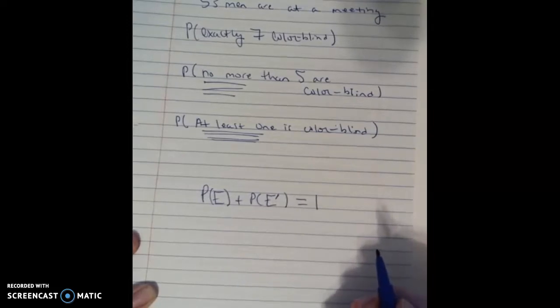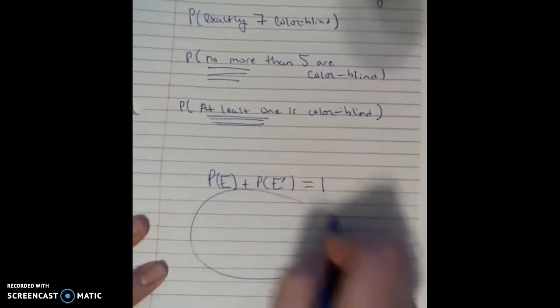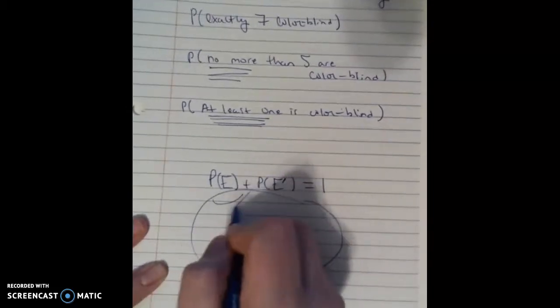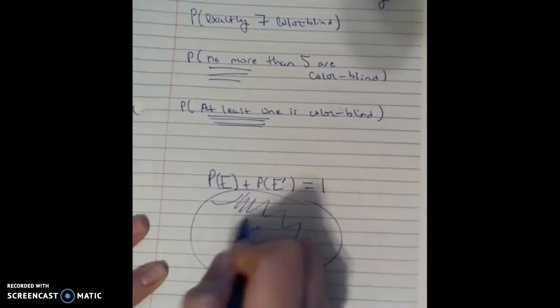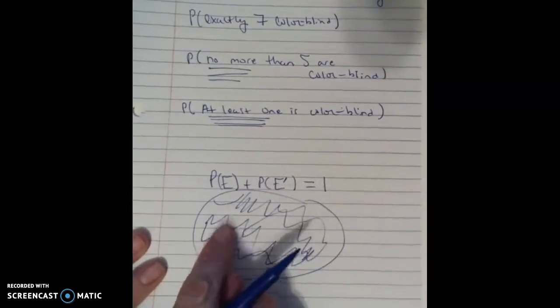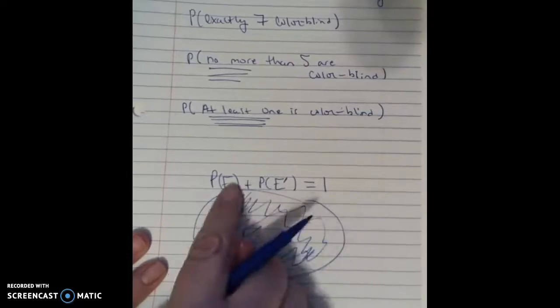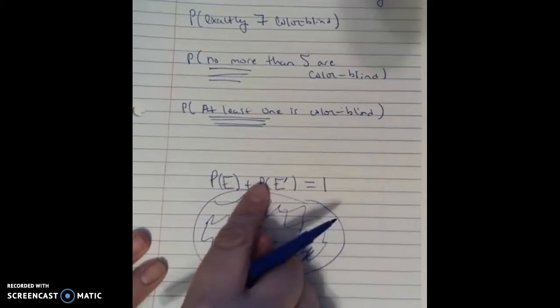Okay? So if you want, this is my group of 53 people and you want to count all these colorblind people, right? Or probabilities that 1, 2, 3, 4, 5, 6, 7, all the way to 53 of them are colorblind, this might make it easier.